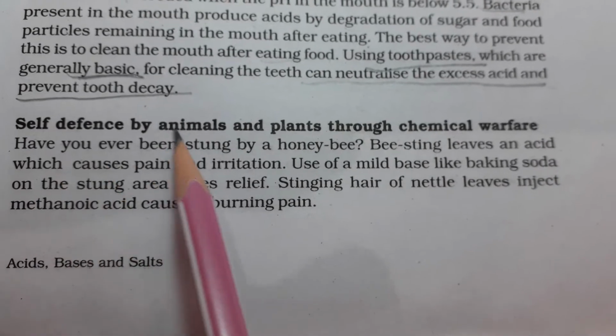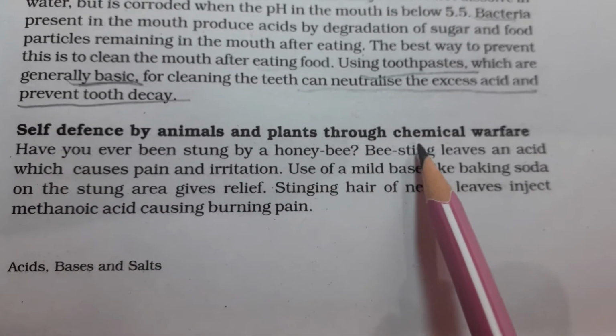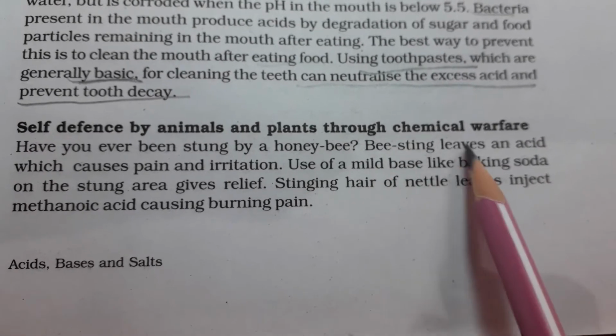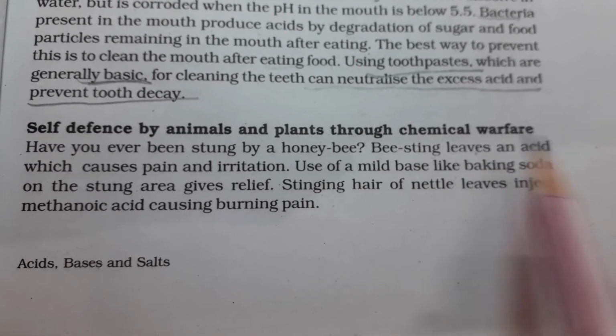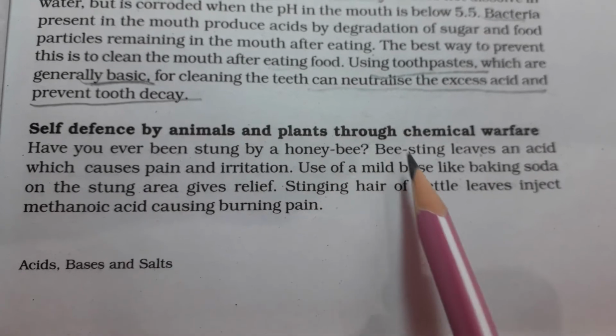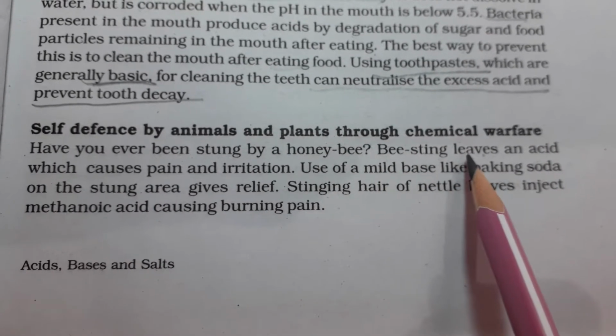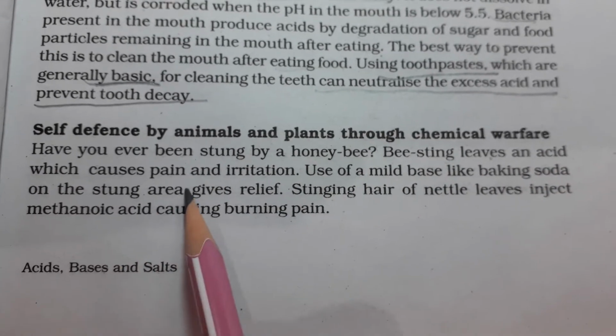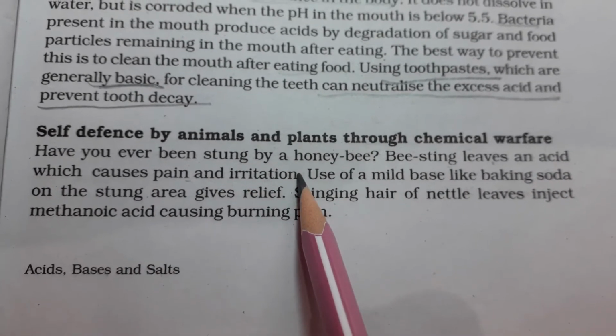Now, self defense by animals and plants through chemical warfare. As you know, a bee sting leaves an acid. When any bee stings any human being, it leaves an acid, which causes pain and irritation.